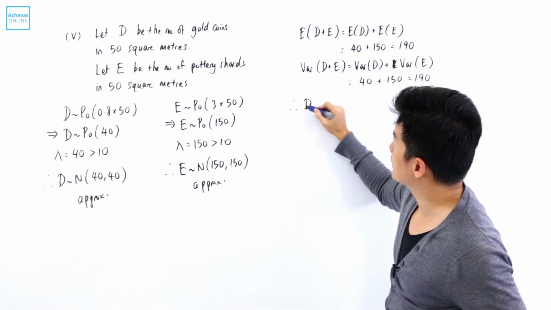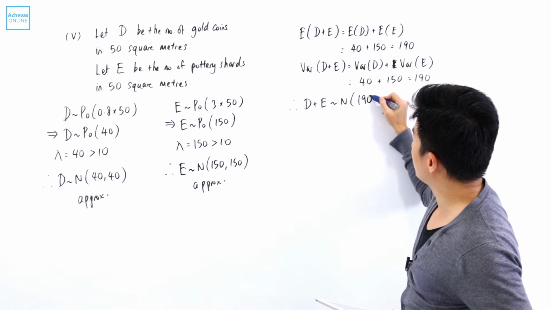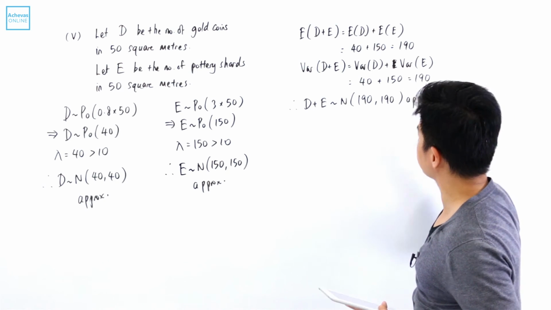That is why D plus E will follow a normal distribution of 190 and 190 approximately.